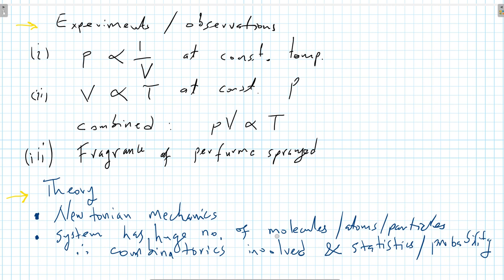Using the statistical definition of temperature is one topic which we're going to look at more. The second one is the concept of probability and applying Newtonian mechanics, for example, within the context of the kinetic energy of molecules making a gas.